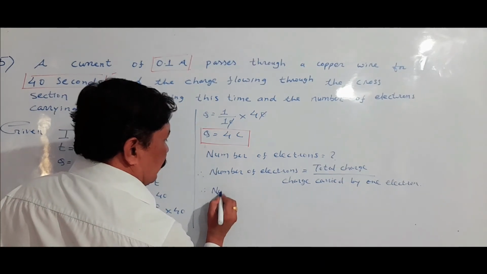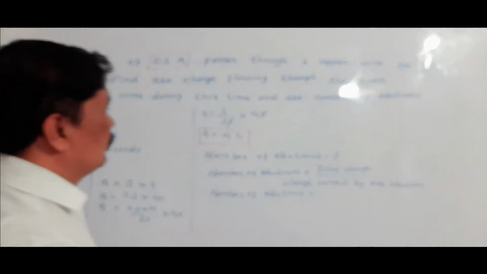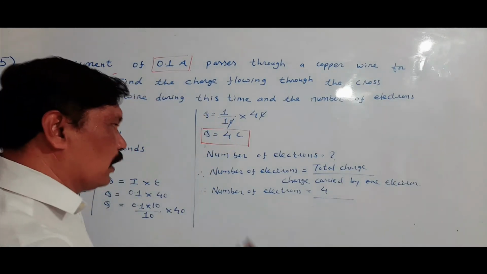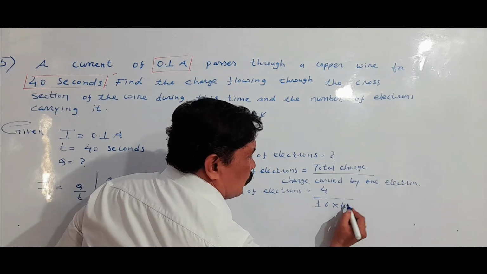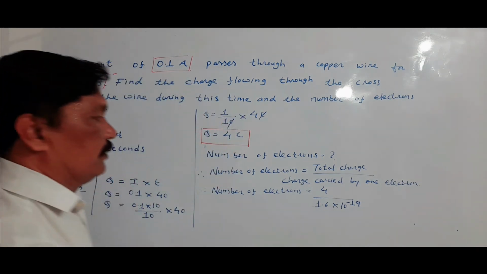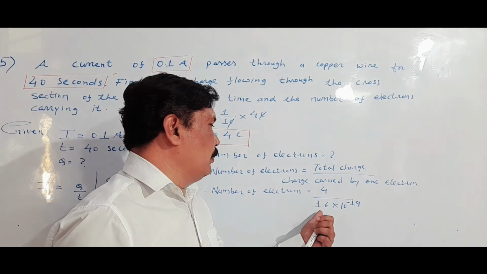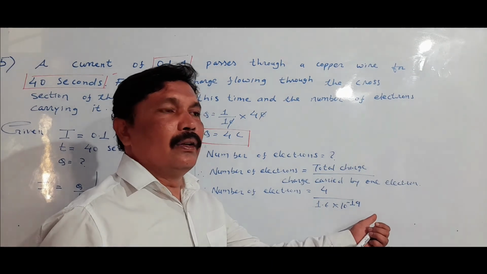Therefore, number of electrons is equal to total charge. We have found out 4, and the charge carried by 1 electron is equal to 1.6 into 10 to the power minus 19 coulomb.